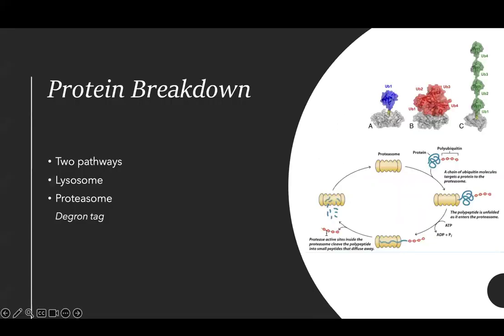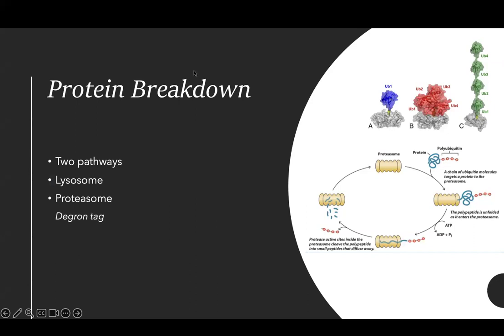Proteins can be broken down in 2 different pathways. We can either break them down in the lysosome or via the proteasome. And the proteasome pathway utilizes a degron tag, which is a tag that can be found in the amino acid chain. Proteins containing that tag get ubiquitinated, so they get a ubiquitin tag attached to them.